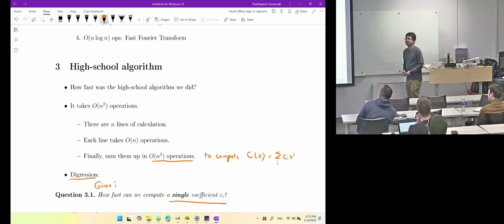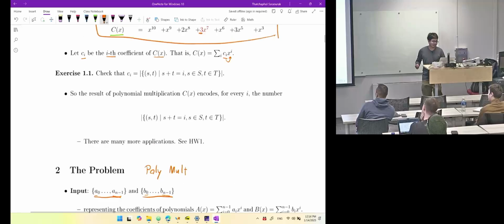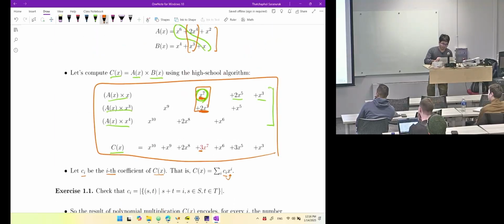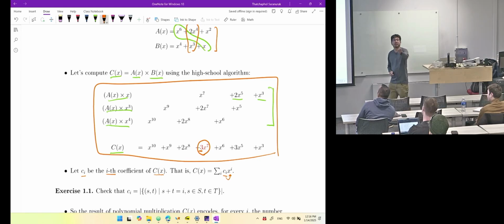Any ideas? Yep. Is it still O of n squared because you still have to go through every pair of coefficients basically? Well, actually, you can do better. Maybe just stare at this algorithm. Suppose that I just want to compute one single coefficient. What can I do? Yep. Is it order of i?